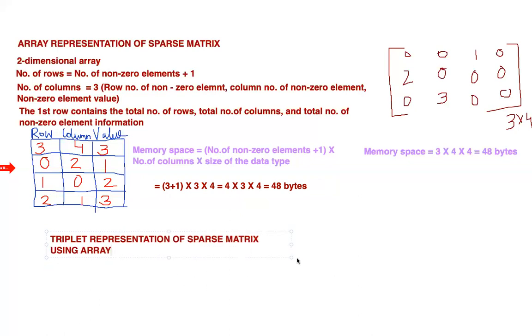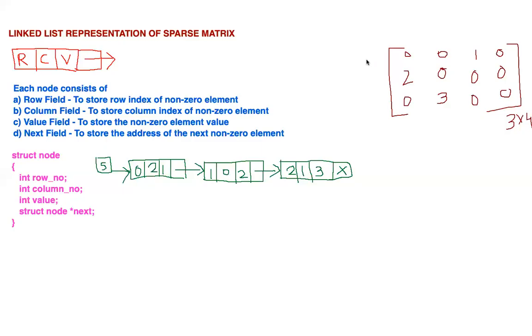Next, we will see the linked list representation of this, because even though we have represented the sparse matrix using this array, you can see that if we are considering a very small example like this, in both the cases, it is taking up the same memory space. So next we are going to see the linked list representation of the sparse matrix. And let us check how we can do it efficiently.